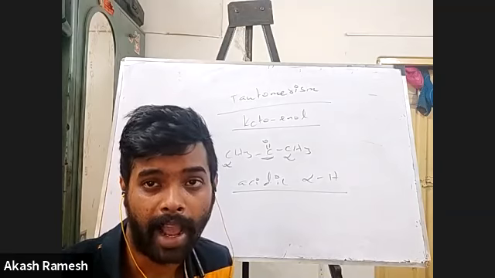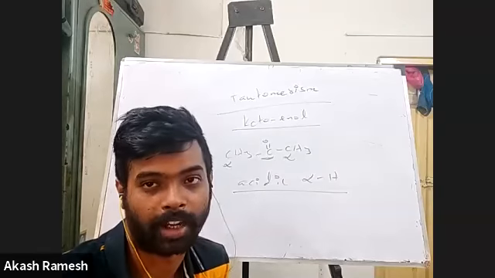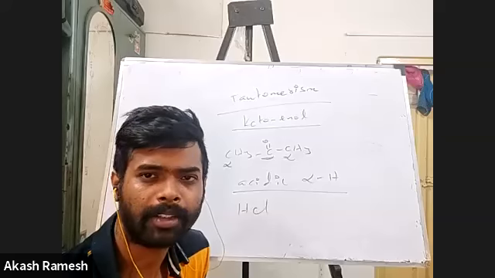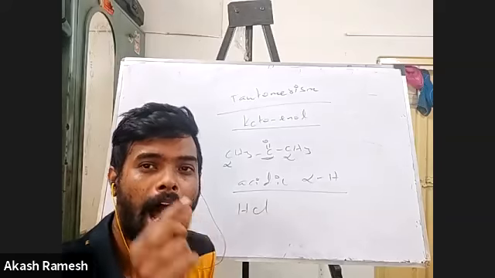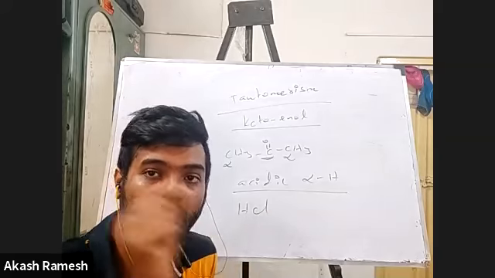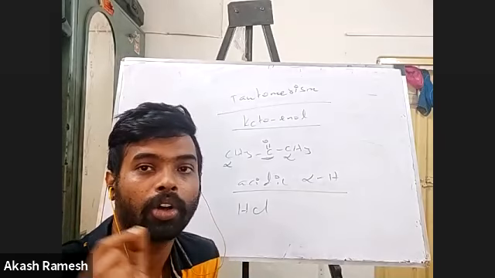Conjugate base of an acid. Do you know what that is? It's the base it reacts with. No, not that. Let me tell you that first. Say for example, I have HCl. HCl is an acid. Please remember that after removing H plus from the acid, whatever is remaining is what is called your conjugate base.